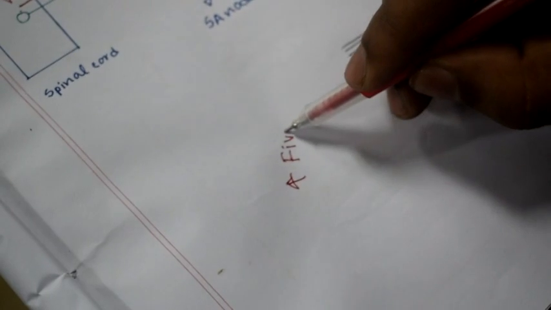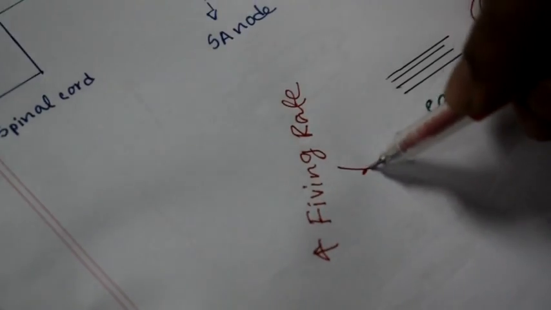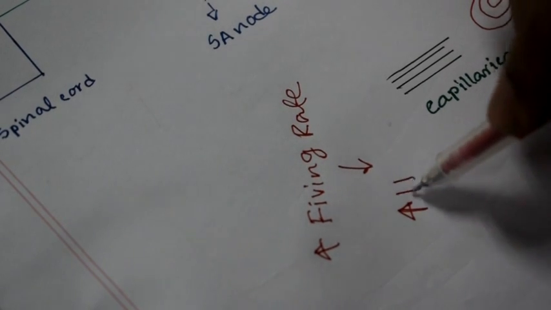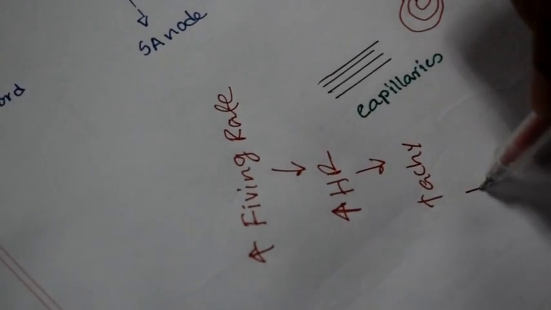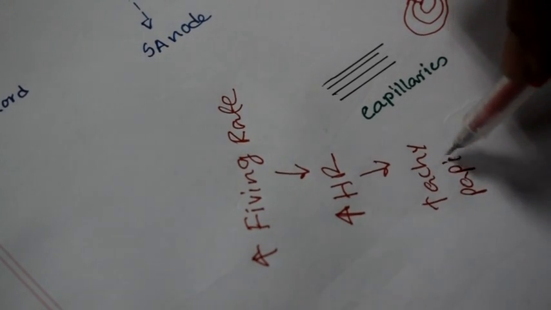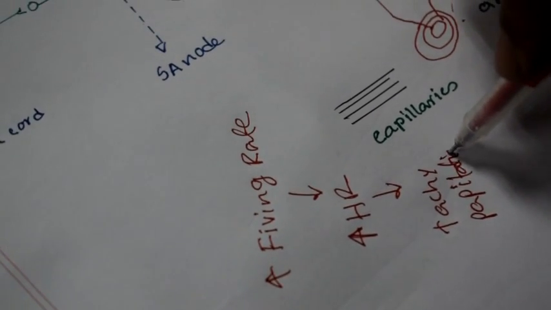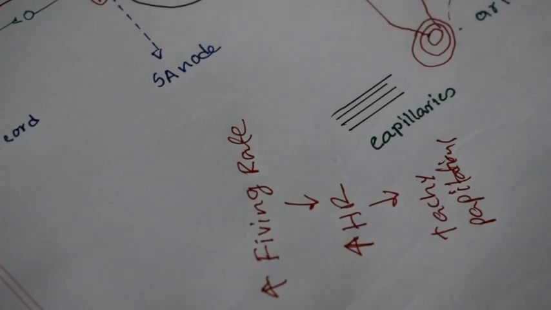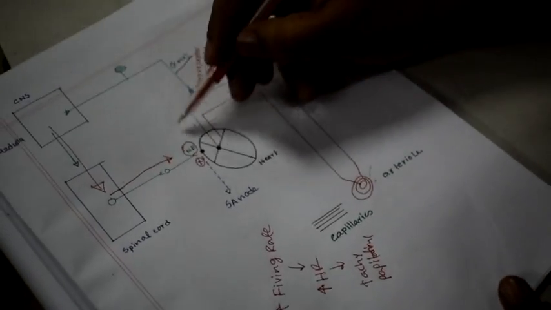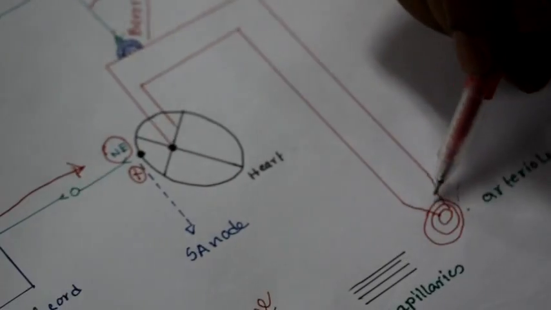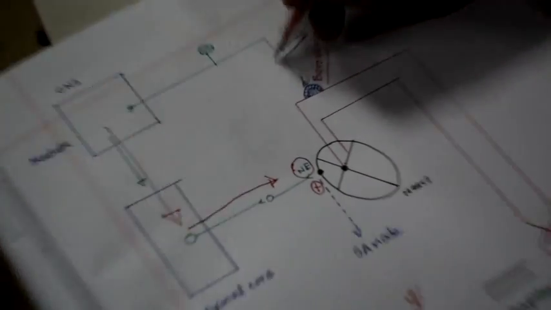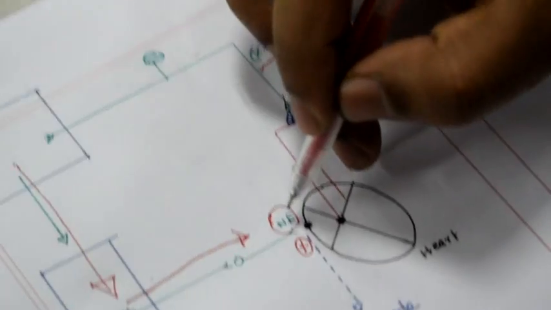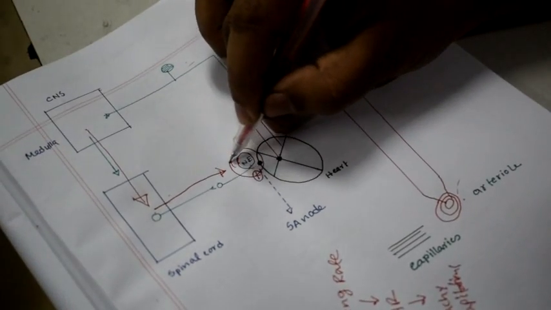That means discharge or firing rate of SA node goes up, and your heart rate goes up, which we call tachycardia or palpitations. Palpitations is when patients tell that they have palpitation. So as tachycardia occurs due to calcium channel blocker, and this tachycardia is mediated by this baroreceptor reflex, we call it reflex tachycardia.